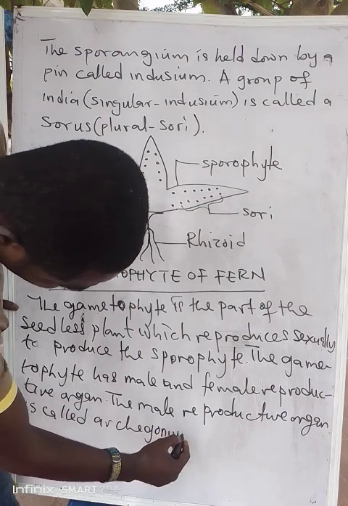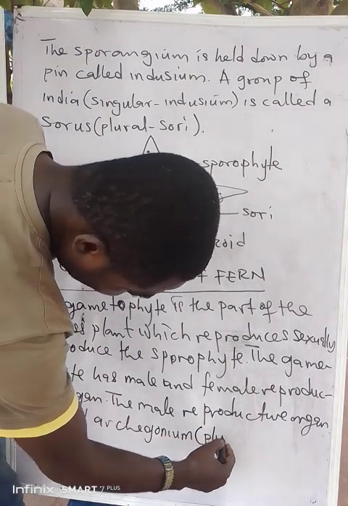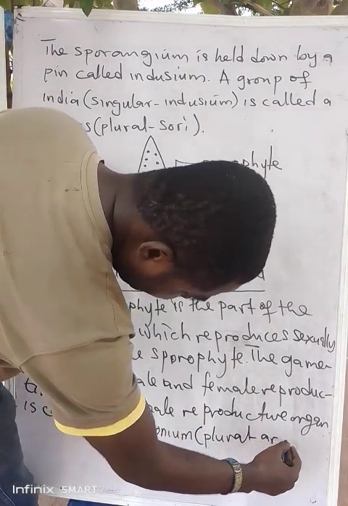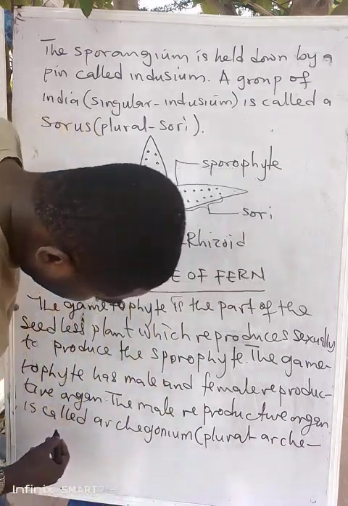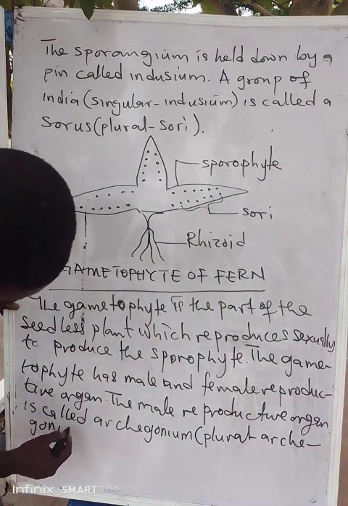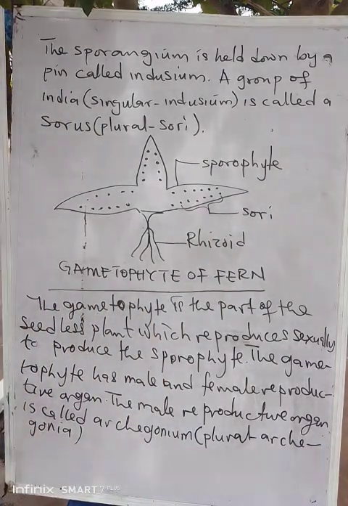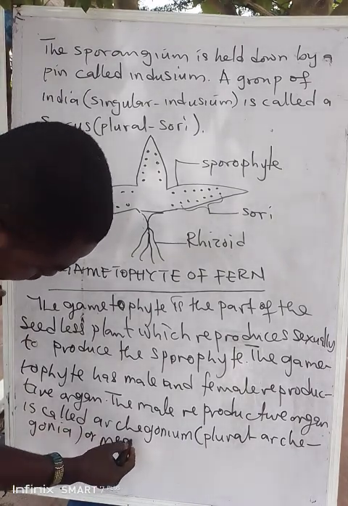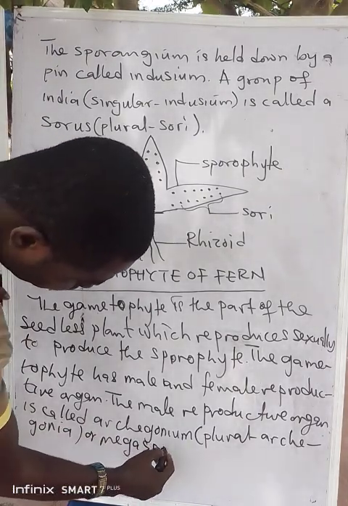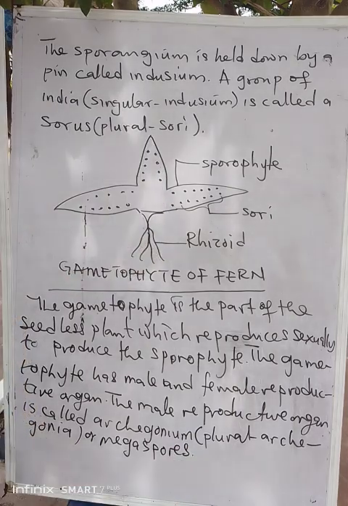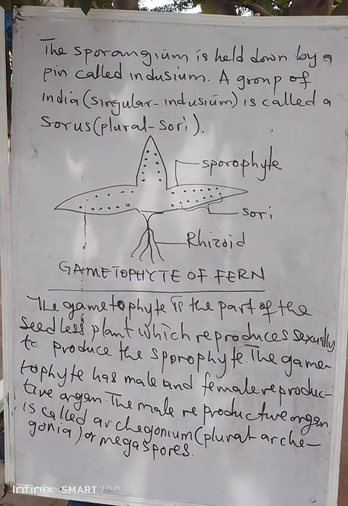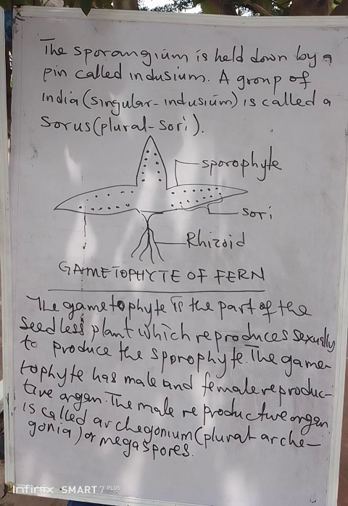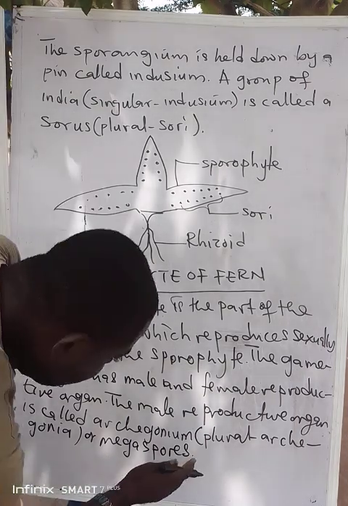Archegonium. Plural, archegonia. So that's the megaspores. So the female reproductive organ, because they are bigger than the male, they are called megaspores, or you call them archegonium.